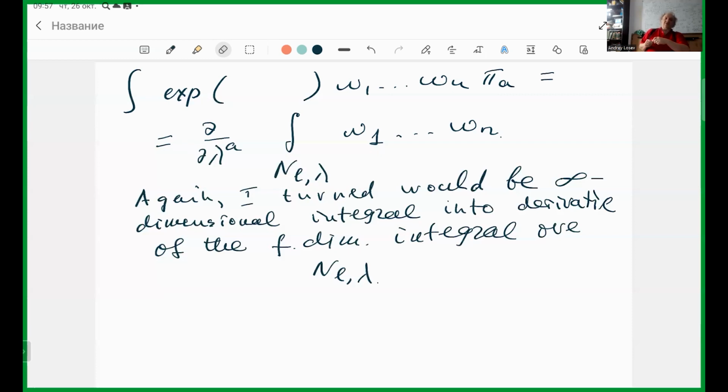What would be important and what we would see is the following. We will have an infinite dimensional space of fields. Then the question is, how could it be that there are infinitely many interesting correlators, how could it be that correlators could be contained in the finite dimensional integral?